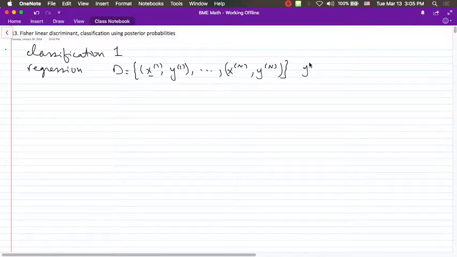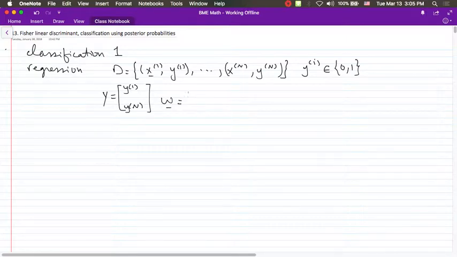Where Y of i is, say we have 2 classes, 0 and 1. And we have some vector of data, y, going from y1 to yn. And we have some w, which represents our weight that we're going to be learning, w0 to wp. And we have our model where y hat is w transpose x, these vectors.